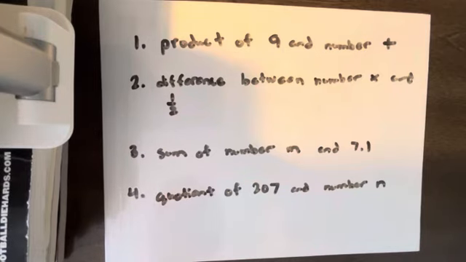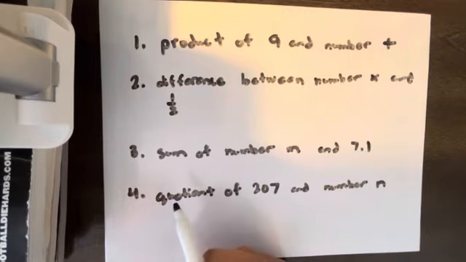So the key things to remember here are identifying these key words, which help us decide whether we're going to add, subtract, multiply, or divide these different quantities here. So pause the video here, work on these 4 problems, and come back when you have your answers. I will be going over them.